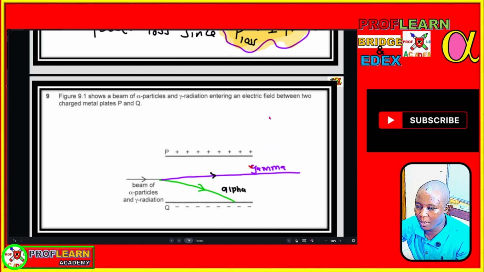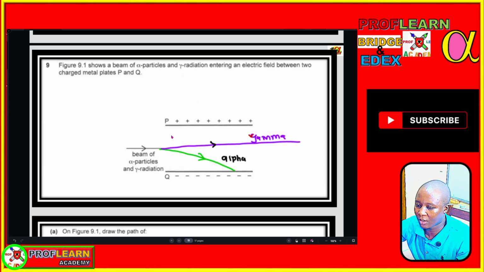The figure shows a beam of alpha particles and gamma radiations as they enter an electric field. Remember, electric fields in this case will be pointing from the positive to the negative plate like that. Those are the electric fields. Since the alpha particles are positively charged, they are going to be attracted to the negative plate.